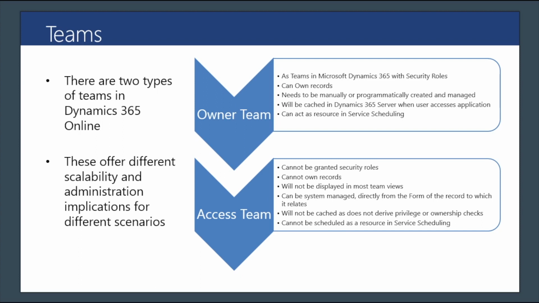When you create access teams within the system, there are a couple of methods for generating them. One is leveraging the access team templates, and that allows you to create a team template, apply it to a given entity type, and apply it as a subgrid on the form, and then you can define what the privileges are for the members of that team.